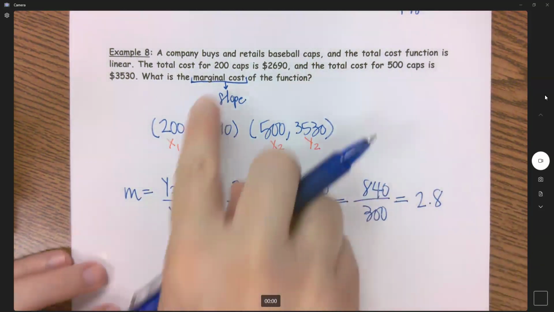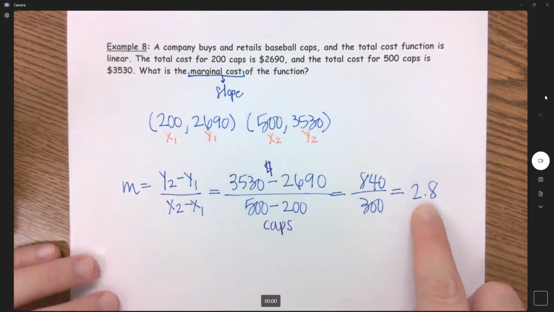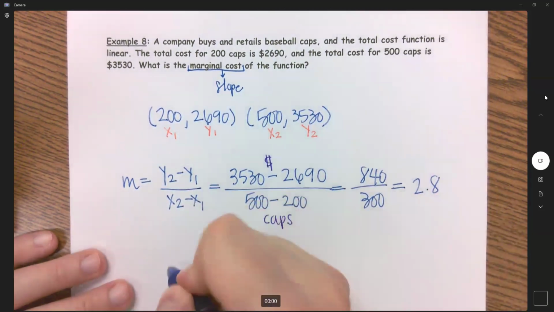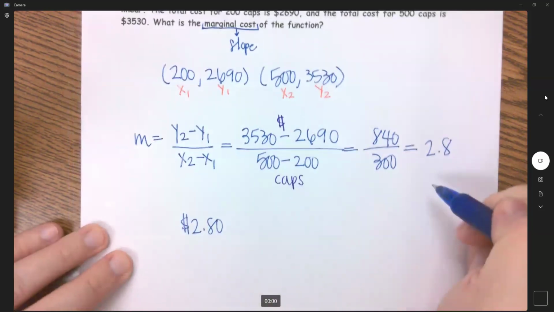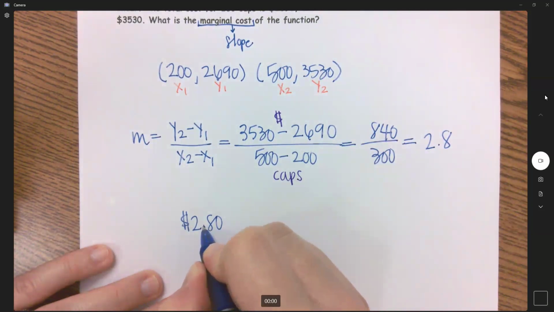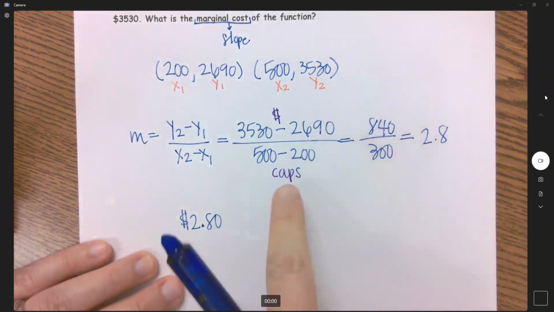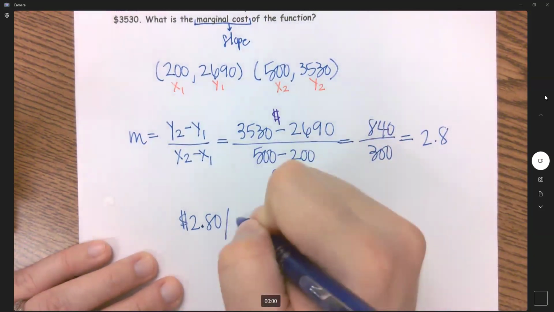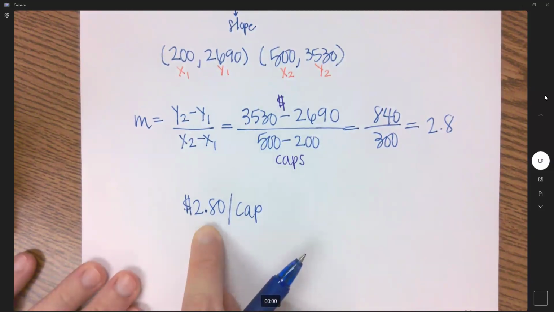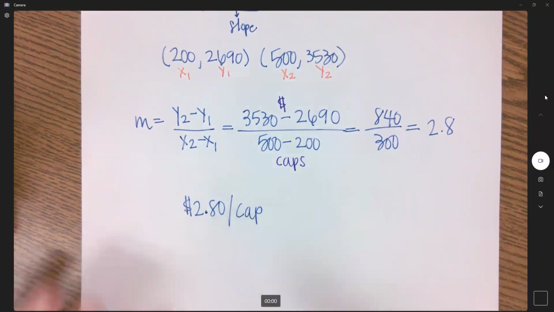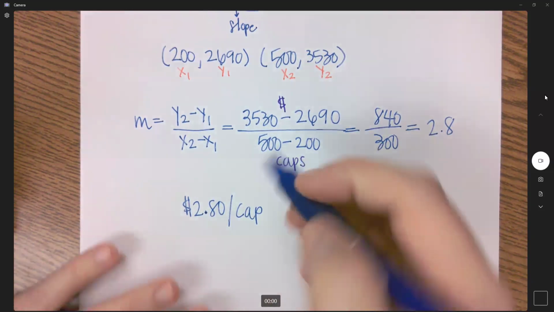So if we're talking about cost, talking about money here, I'm going to add a 0 in here. This was $2.80 per cap. Each baseball cap is going to cost $2.80. So as long as you charge more than $2.80 per cap, you will be making a profit.